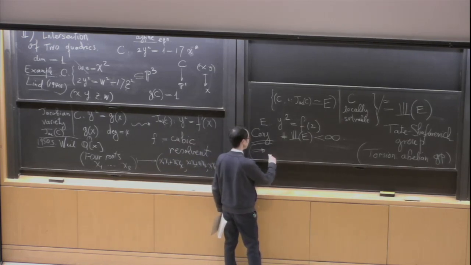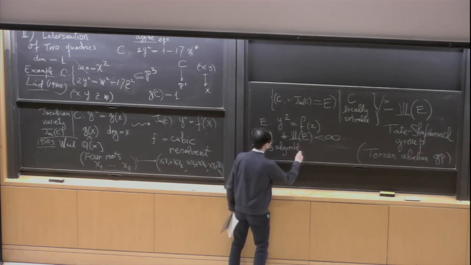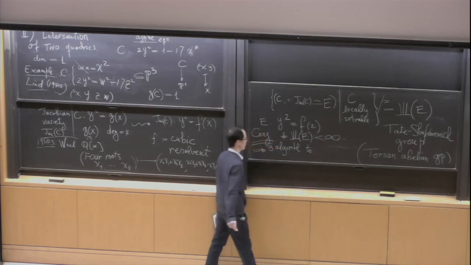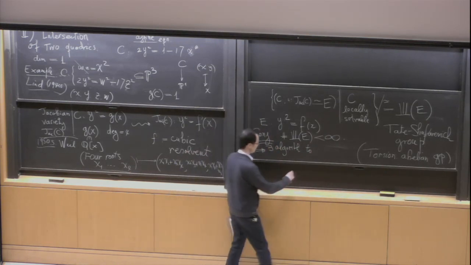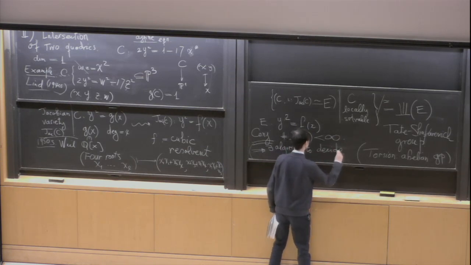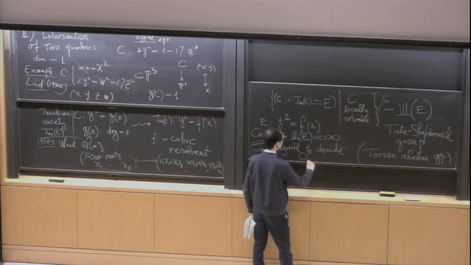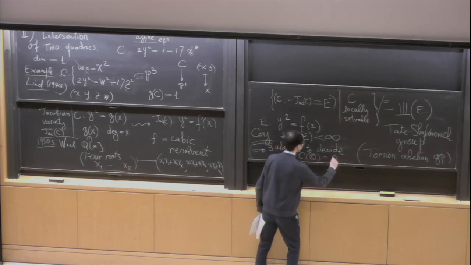So this would imply, in other words, there is an algorithm to tell you whether a genus 1 curve has a rational point, to decide the existence, whether C(Q) is empty or not.